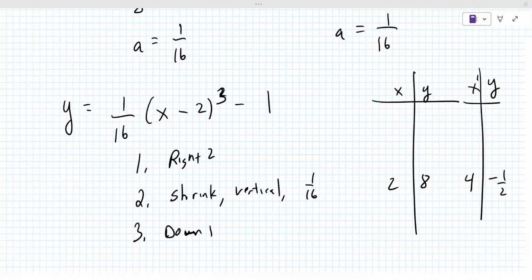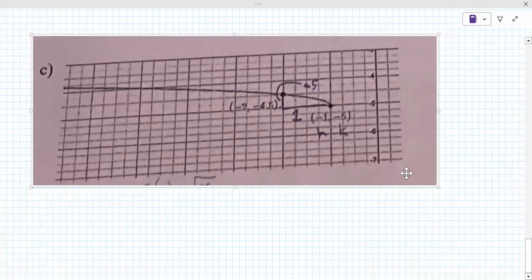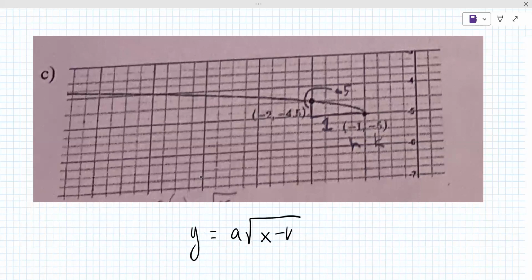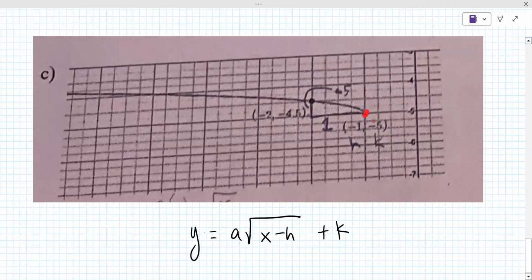All right, let's keep going here. This one is a square root function. You've got that written down here. The square root function also has this kind of vertex form, square root of x minus h, plus k. But this time that vertex point comes from where it starts.